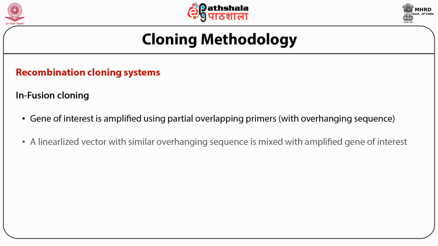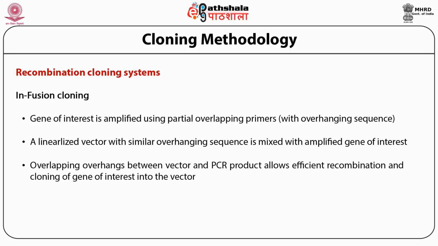Also, we have a linearized plasmid which will have overhangs very similar to the primers used to amplify our gene of interest, and eventually the PCR amplified product and our vector are incubated together, which results in the cloning of our gene of interest into the vector at our desired place.